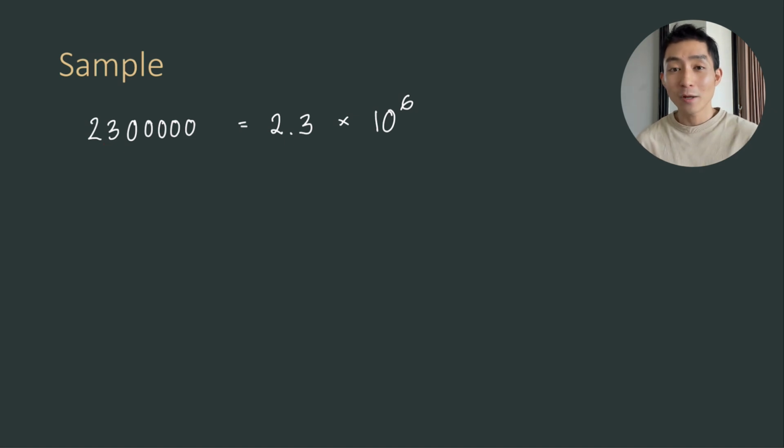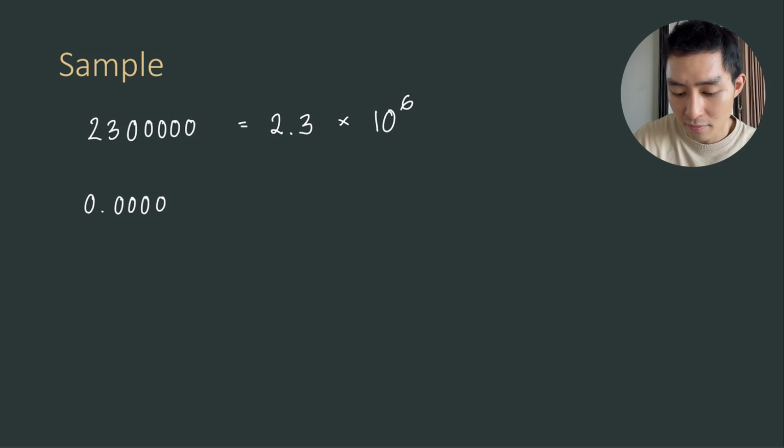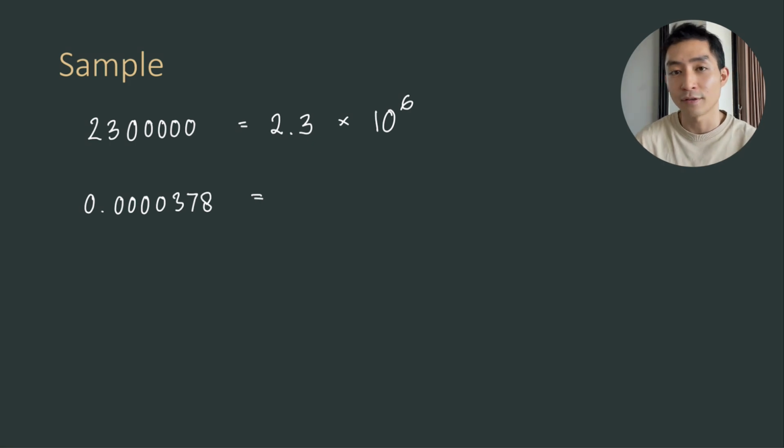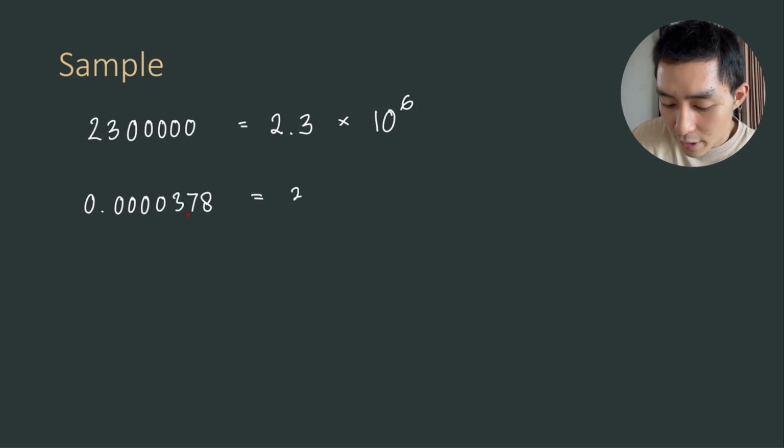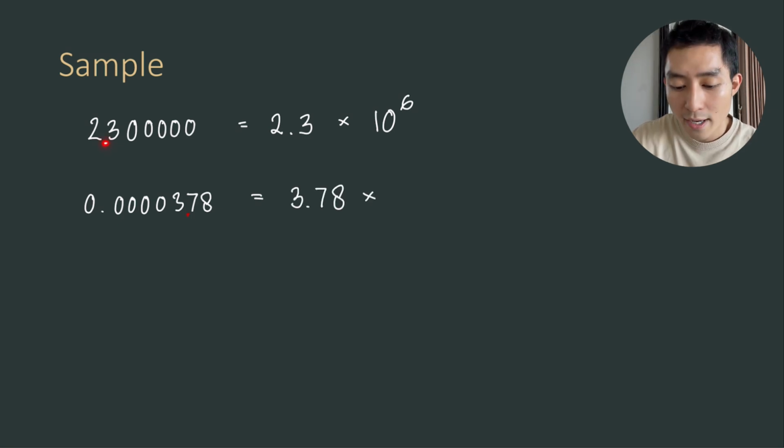Now we're dealing with negative exponents. Let's say I have a decimal number, 0.0000378, and I want to convert that into scientific notation. Again, we need the first digit to be between 1 and 10. I see a 3 over here and I put a dot there, and I write the number as 3.78. When the decimal moves to the right, the power is positive.